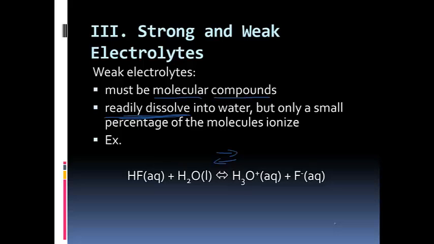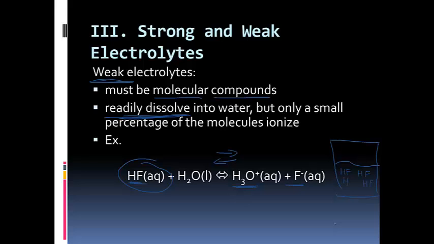Now, which side is favored? In other words, which side do you have more of? By definition, if it's weak, most of the HF that you have still exists as HF molecules. Only a small amount of it will break up into H3O plus and F minus. In your solution, you would have a lot of HF molecules floating around.